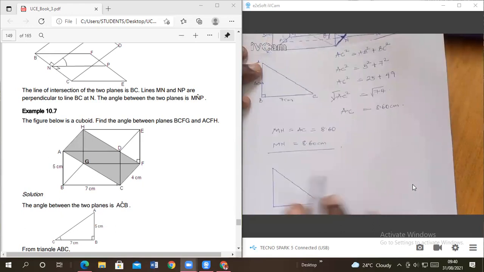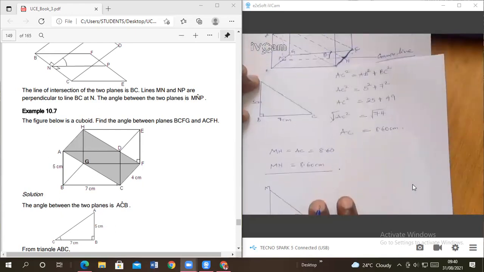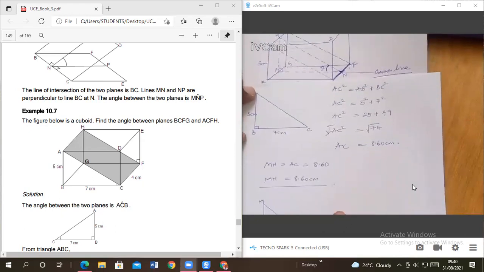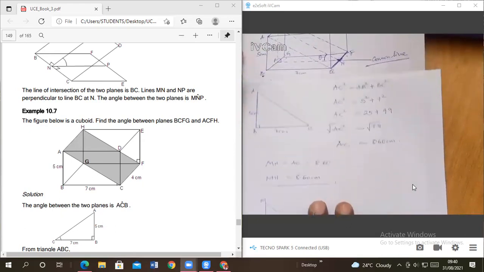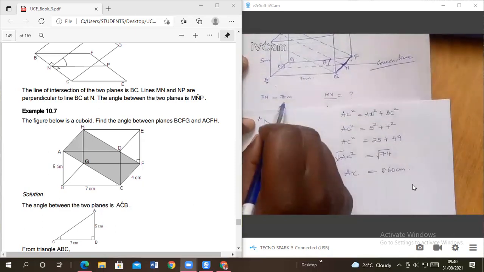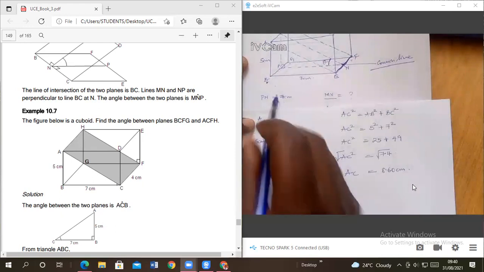So here I have M, P, and I have this side N, as you may see in the diagram, the way it is there. PN, we already saw that PN is 7 centimeters. So I'm going to put 7 centimeters.